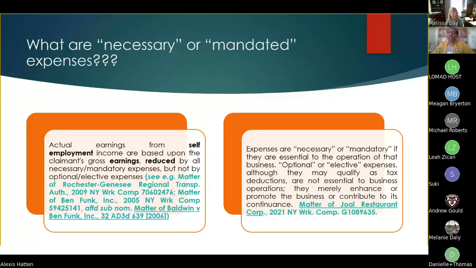Optional or elective expenses, although they may qualify as tax deductions, are not essential to business operations. Something that enhances or promotes the business or contributes to its continuance is not seen as necessary or mandatory.